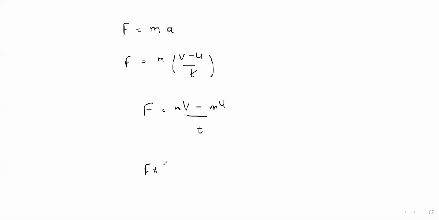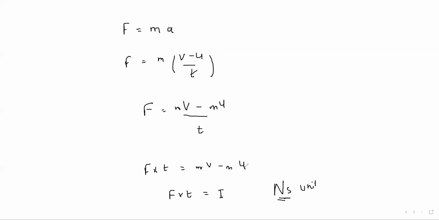So F into t is equal to mv minus mu. And mv minus mu is the change in momentum, which is also known as impulse. So we can say force into time is equal to impulse: the force which we applied and for how long this force is applied. That's why its unit can be Newton second as well, or kilogram meter per second.